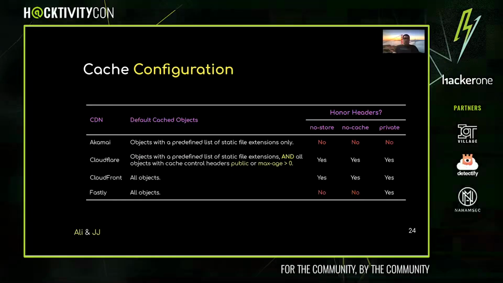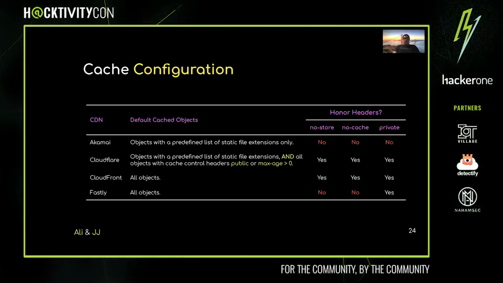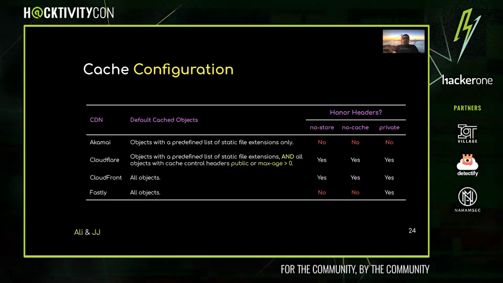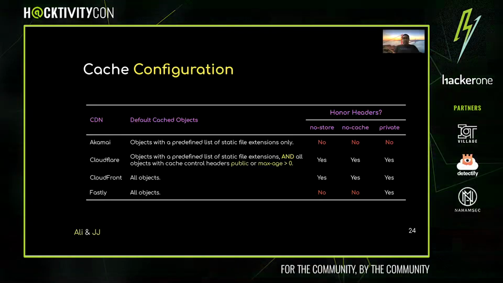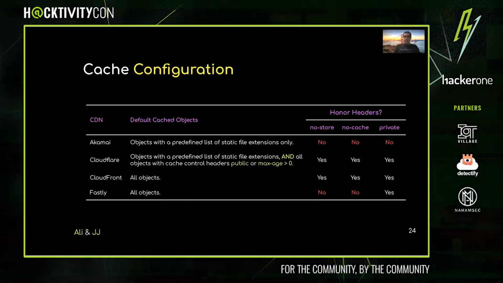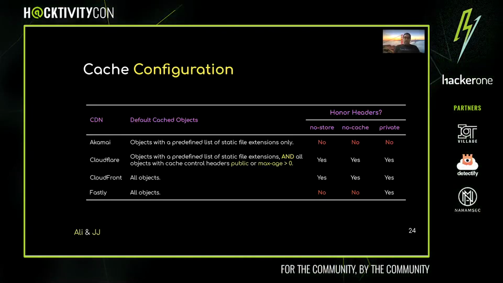We also tested top vendors that provide CDNs and wanted to see how their default configuration is. We've seen that by default, some major CDN vendors do not make RFC compliant caching decisions.